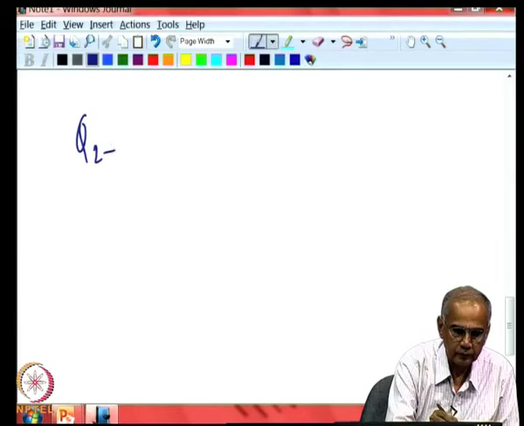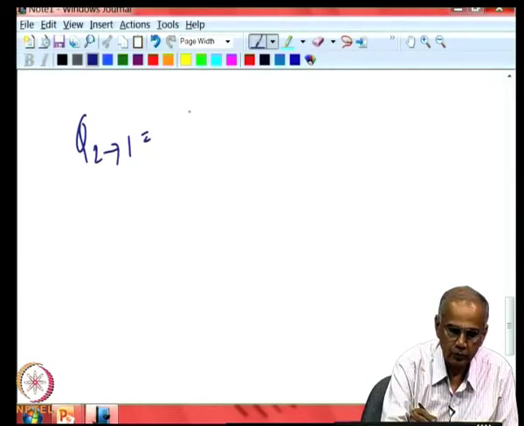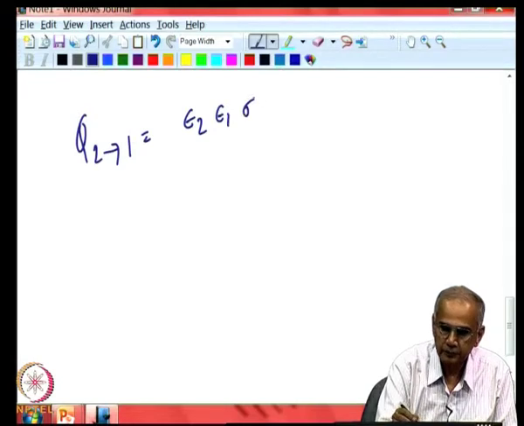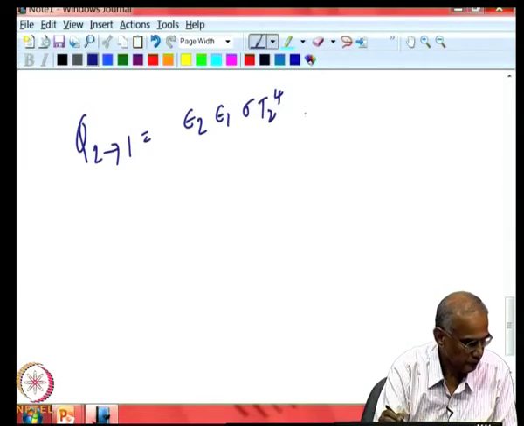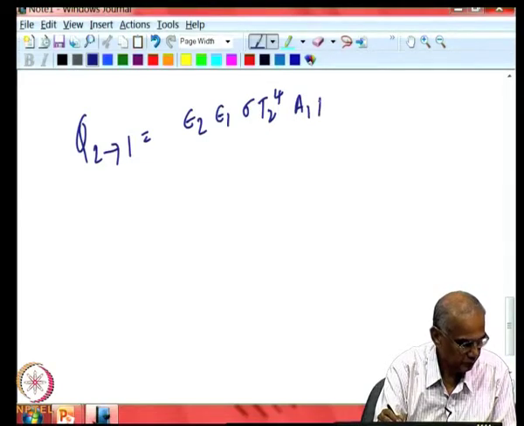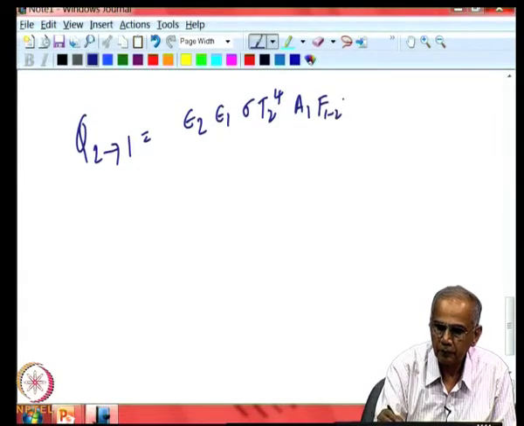Q21 is equal to, doing the infinite series summation, and A2 F21 is A1 F12, and F12 is 1, so equal to 1.